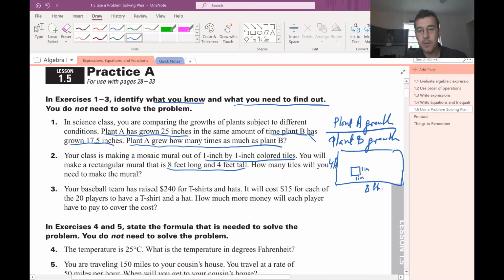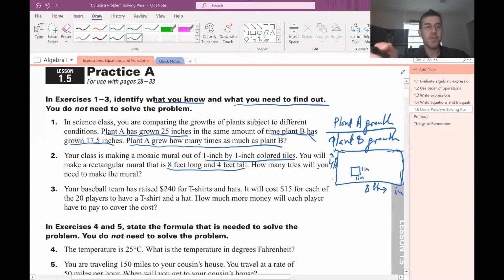So you would need to convert the 8 feet into inches, and then 4 feet into inches, and then basically find the area of this mural by multiplying length times width, and then the answer, whatever you're going to get, is basically how many tiles will fit in, because 1 times 1 is 1 inch squared. So the tile area is 1 inch squared. So whatever 8 feet in inches times 4 feet in inches, whatever you're going to get, that's the answer of how many tiles you will need, but we don't have to solve the problem.